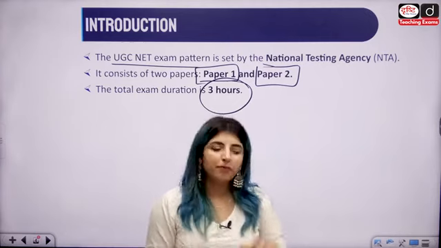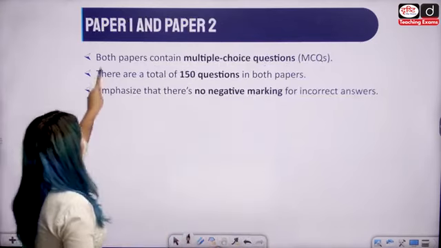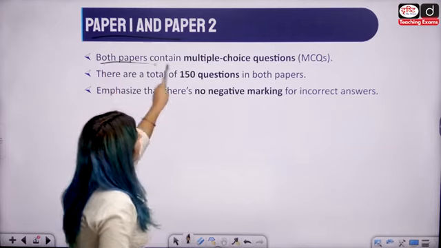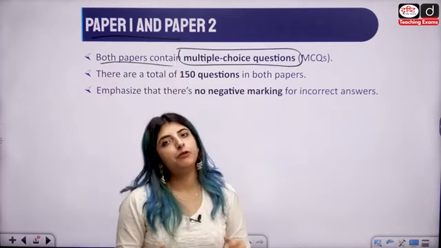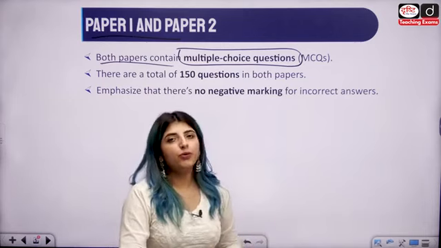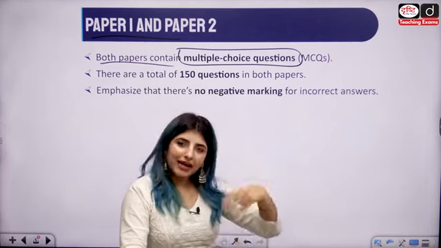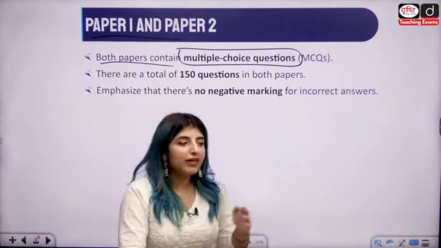Let's talk about paper 1. Paper 1 and paper 2 both contain MCQs, multiple choice questions, where out of the 4 options provided to you, only one would be correct. I will also show you what kinds of questions are asked in today's examination.